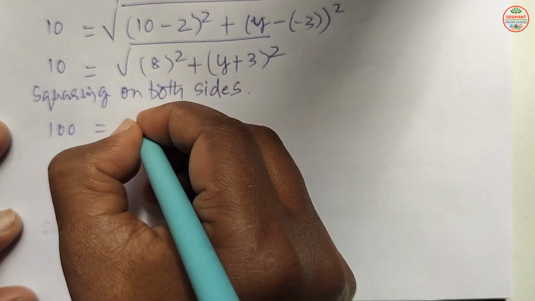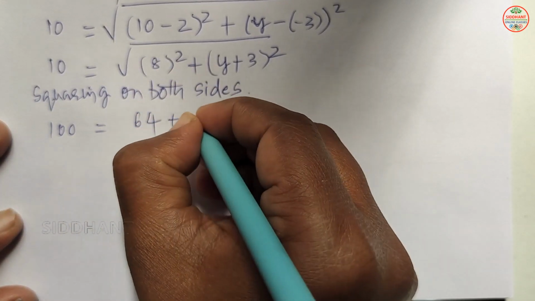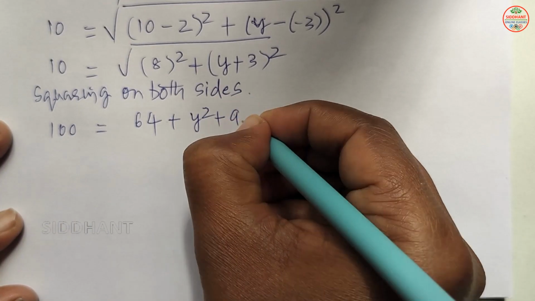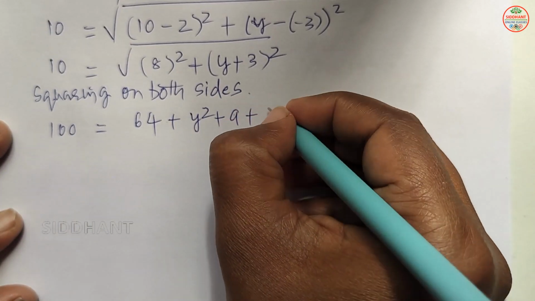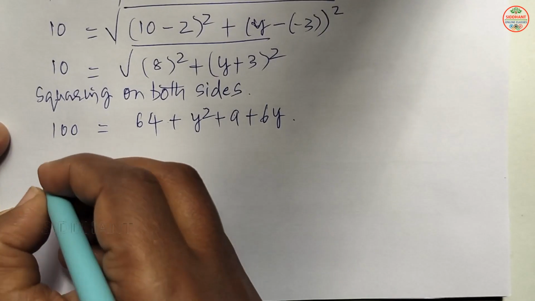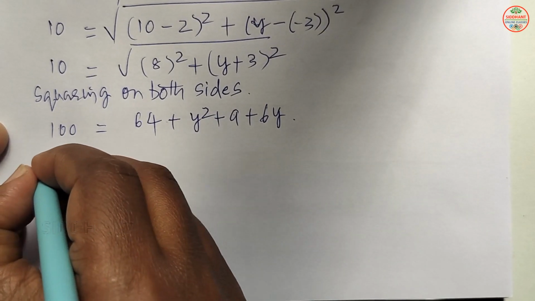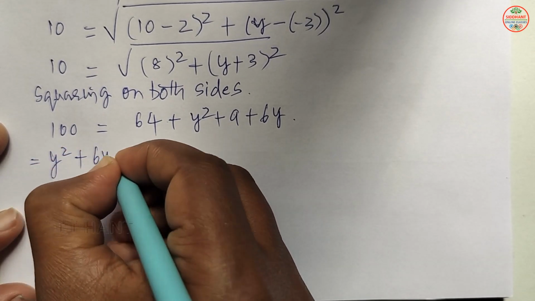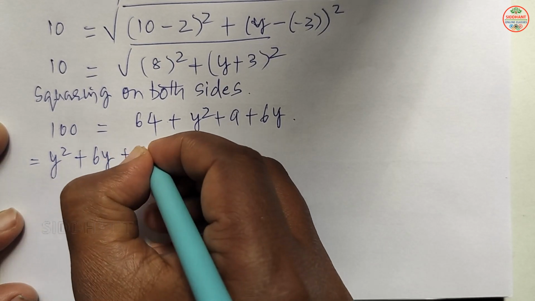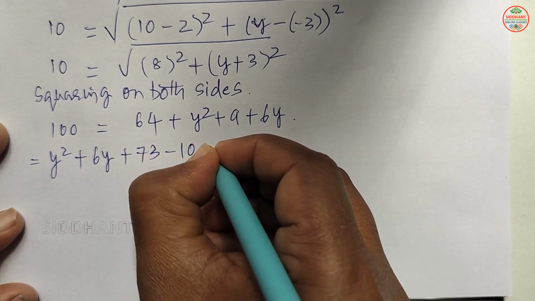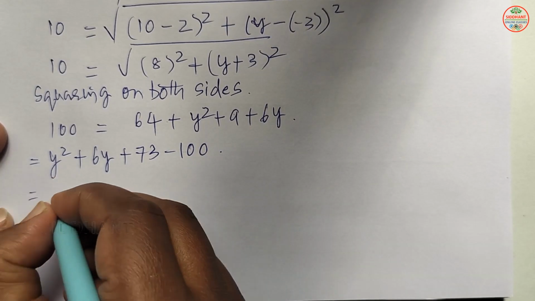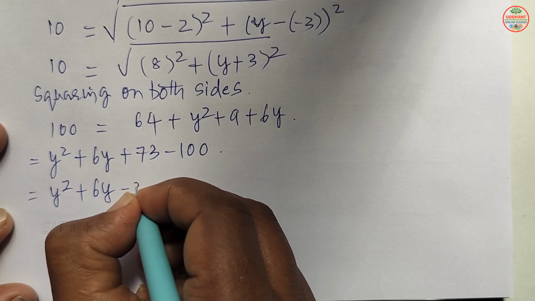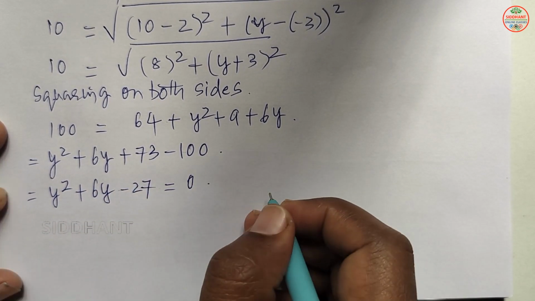The square root is gone, 8 square will be 64, and y square plus 3 square will be 9, and 2 times 3 gives 6y. So that equals y square plus 6y plus 73 minus 100. So y square plus 6y minus 27 is equal to 0.